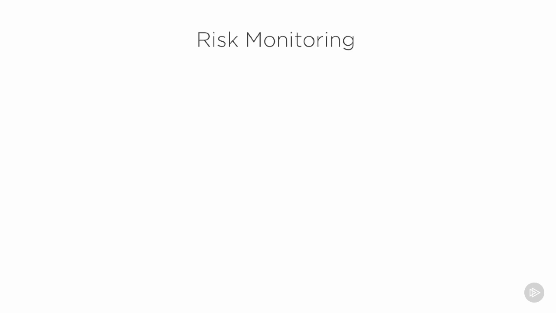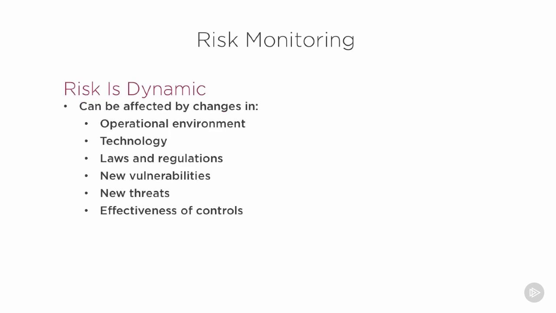Once we have decided on a risk treatment option, we must continue to monitor the risk as well. We know that risk is dynamic and ever changing. This means that risk can easily be affected by changes in the operational environment, such as a new competitor, changes in technology, changes in laws and regulations, as well as the discovery of new vulnerabilities or weaknesses.